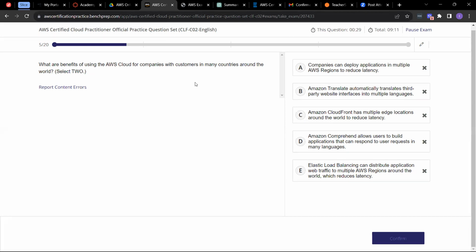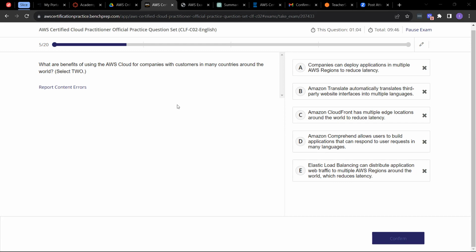And B says translate automatically, translate third-party website. C, Amazon CloudFront has multiple edge locations around the world to reduce latency. Amazon Comprehend allows users to build, and then Elastic Load Balancing can redistribute application web traffic across.